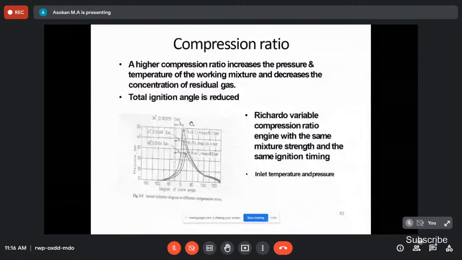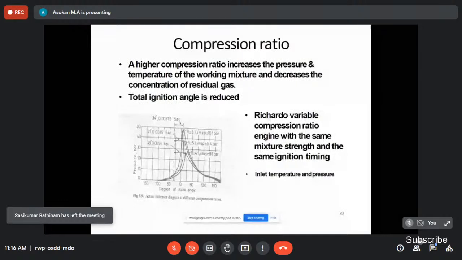So what is the duration of the flame propagation? It's 34 degrees crank angle. Now the compression ratio 5.1: what pressure develops? 35 bar only. Again the time taken is 0.045 seconds, so the duration is 41 degrees crank angle.